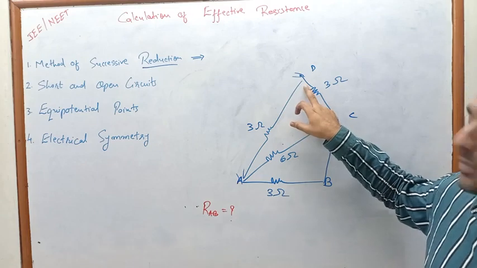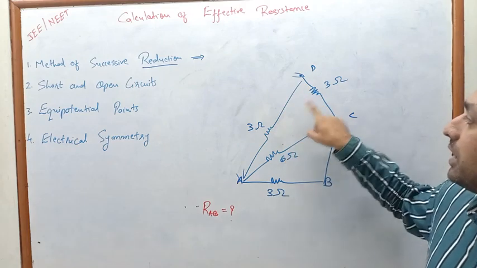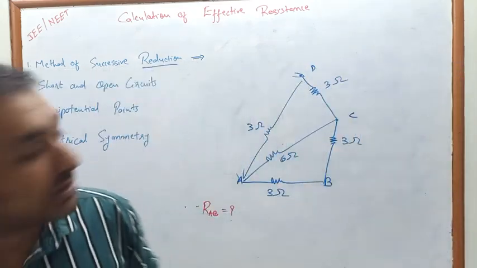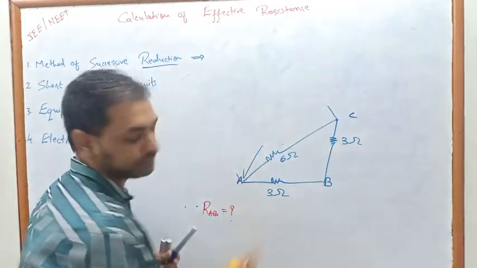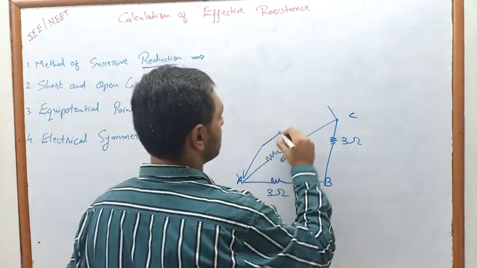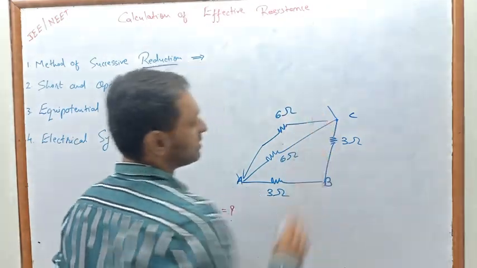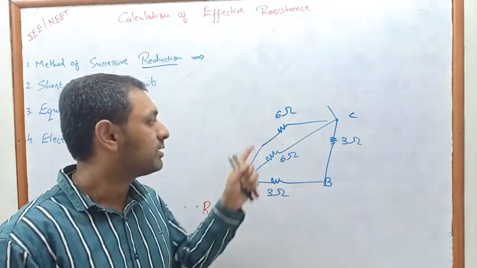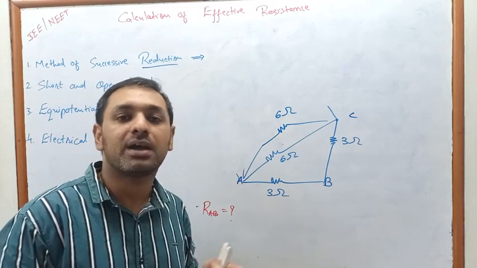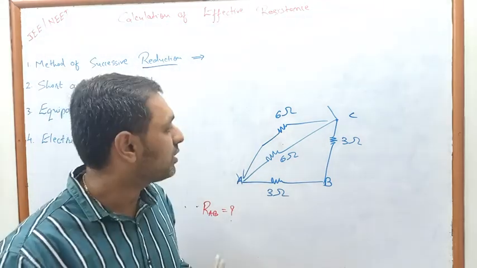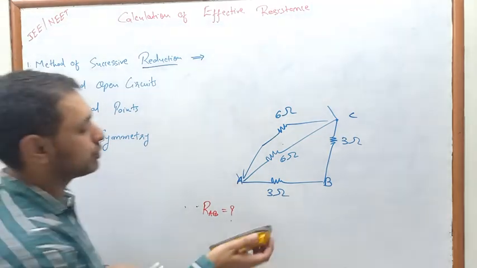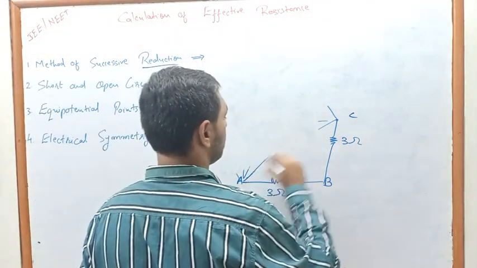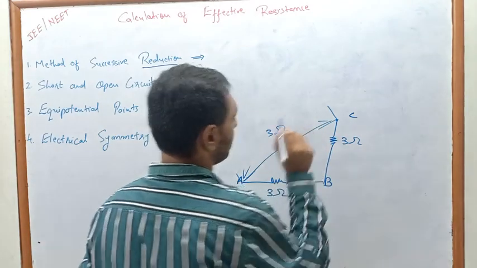Point A and D, point B and C, 3 and 3, these two are in series. So instead of these two, I can write 6 ohm. Point A and C, these two resistors of 6 ohm are in parallel. So resultant will be 3 ohm. So instead of these two, I put only one resistor of 3 ohm.